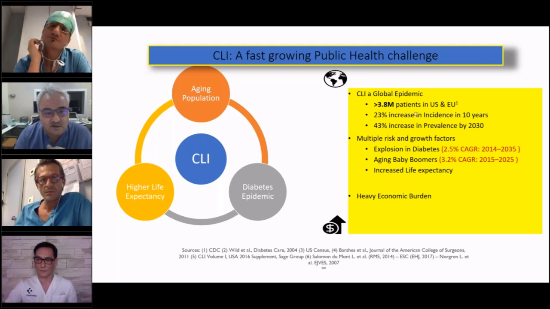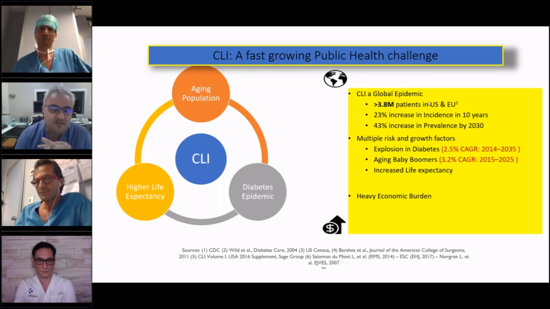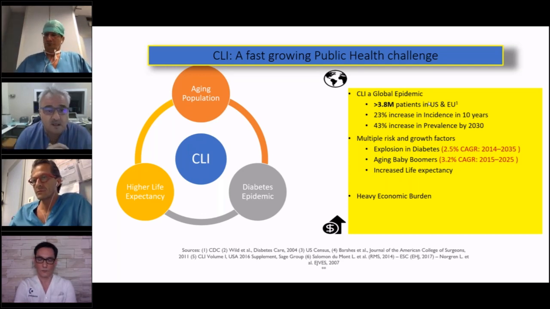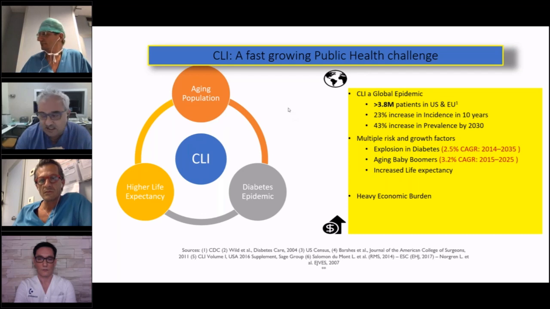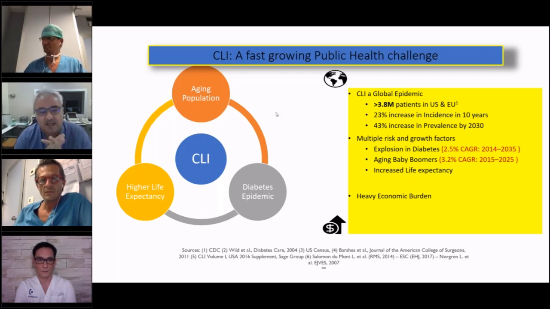Everybody of us knows very well the picture and the dimension of the problem we have to manage every day in our cath labs and in our foot and ankle department. For sure, in the last years, especially in the last 10 years, we had an explosion, epidemiologically speaking, of critical limb-threatening ischemia.